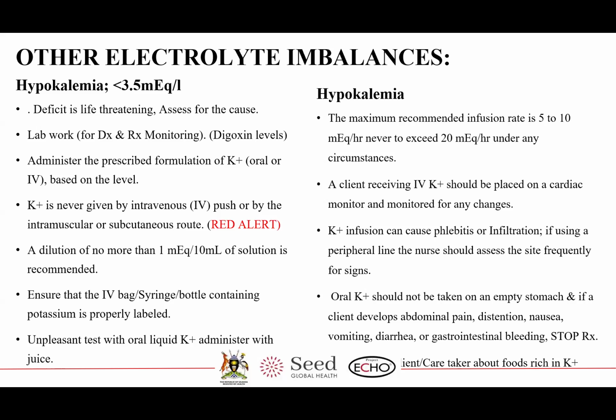We advise that you shouldn't give more than 10 milliequivalents per hour for this patient, depending on what you want to correct. If you are giving calcium chloride, you have to ensure that you're not giving more than 1 milliequivalent. You have to reconstitute it to 1 milliequivalent per 10 ml in your solution, and then you continue your administration.